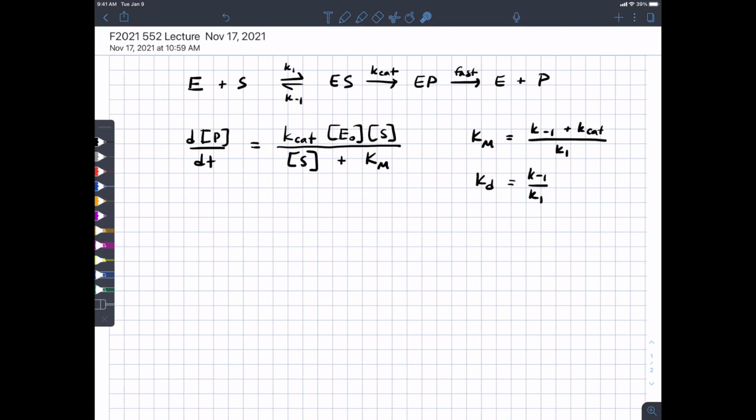But we want to talk a little bit about how you expect the rate to depend on these various concentrations. For example, notice that the rate is first order in enzymes, so increasing enzyme concentration should increase the rate linearly. For substrate, it's a little bit different. Okay, so what do you predict when substrate concentration is low?